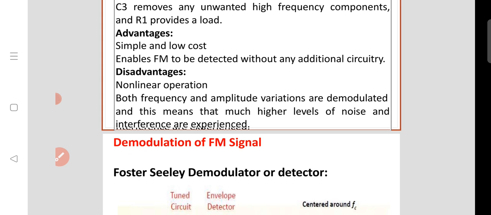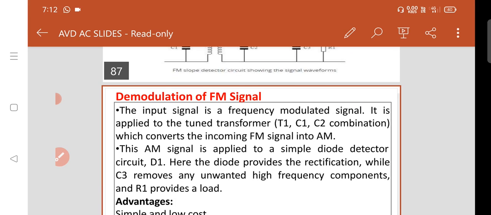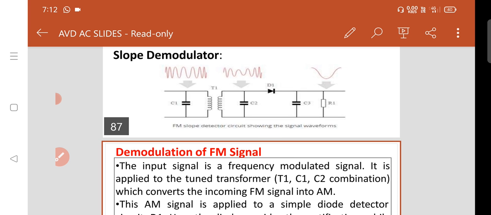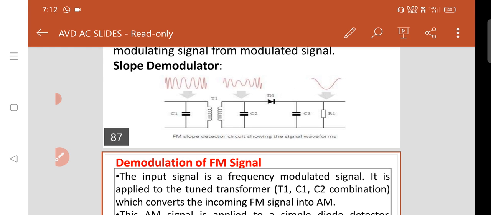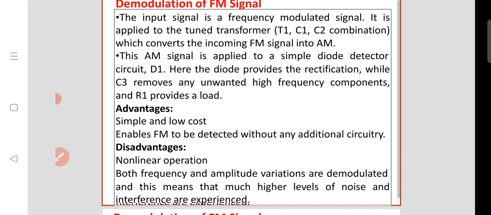Due to this, the frequency and amplitude variations are both demodulated. I already told you, the frequency deviation produces the corresponding change in amplitude at the output side of the frequency discriminator, but a small change in amplitude at the input also causes variations at the output side.